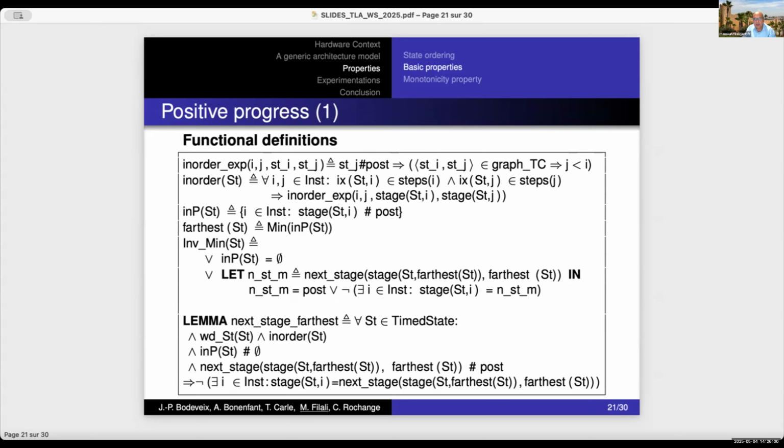So if we have this lemma, we have these properties as hypothesis. We have stated it here in this way: either the next stage of the farthest instruction is post, or there is not any instruction on the next stage of the farthest instruction.